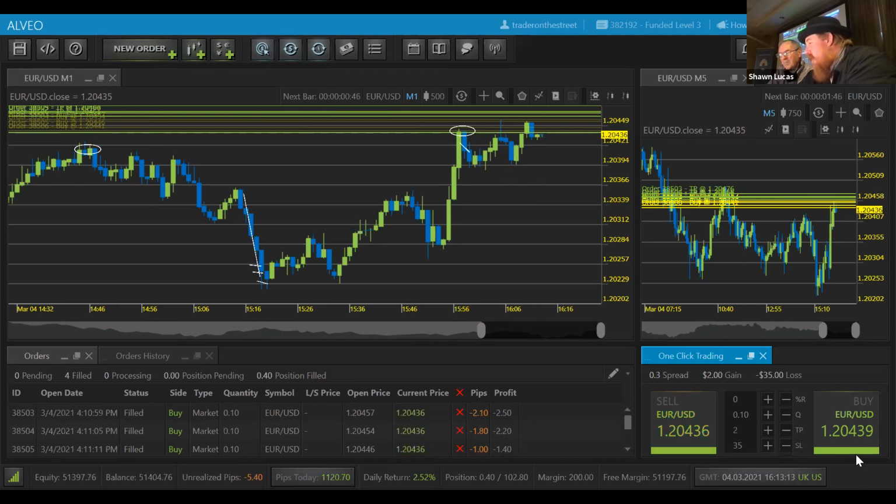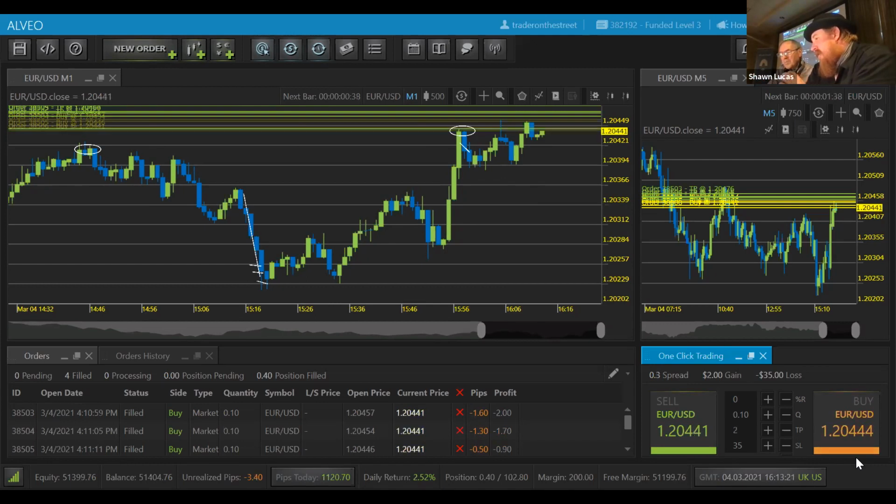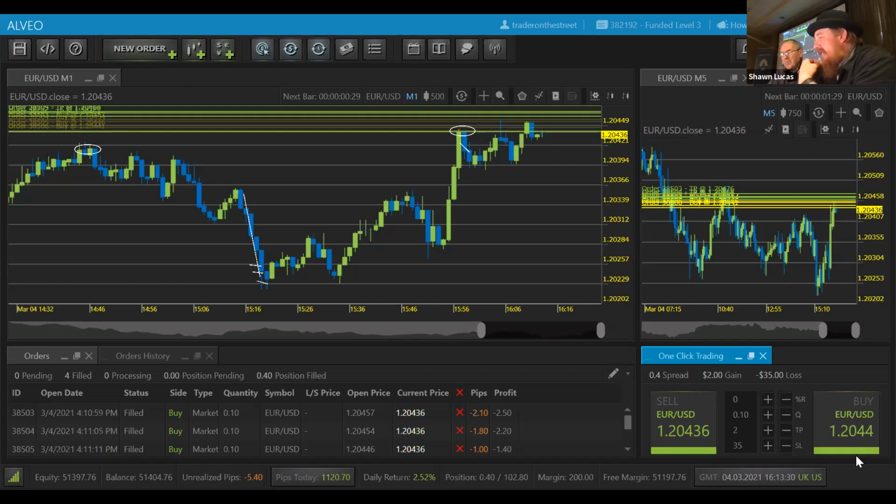What I'm gunning for is a test of that high back over here on that 5-minute chart. I may be wrong, but I feel like the market's going to try and make a run up there, at least to test that high. But this is a subjective trade.